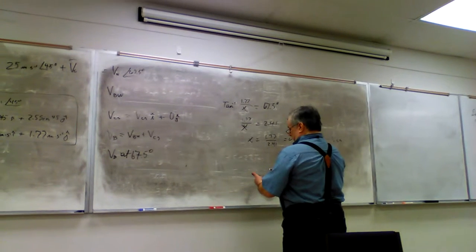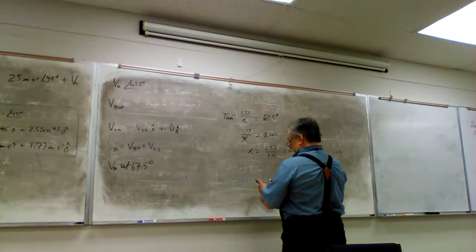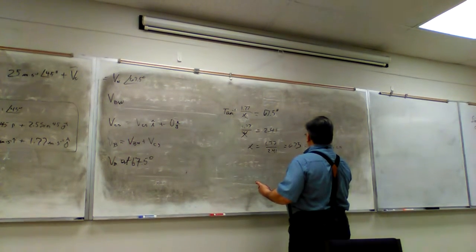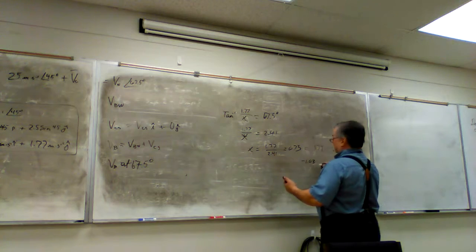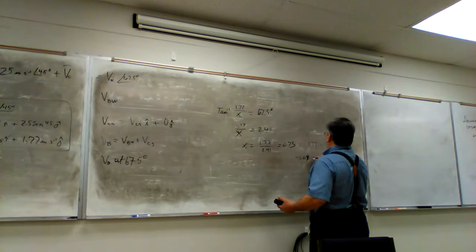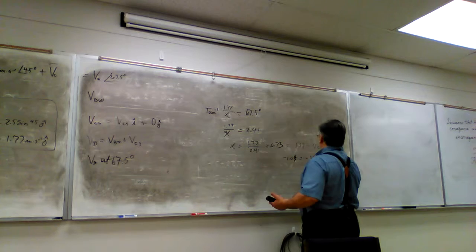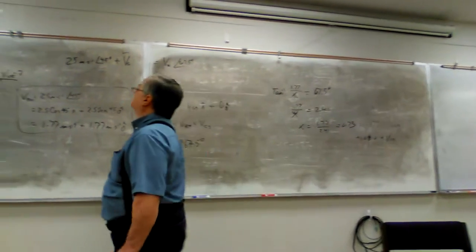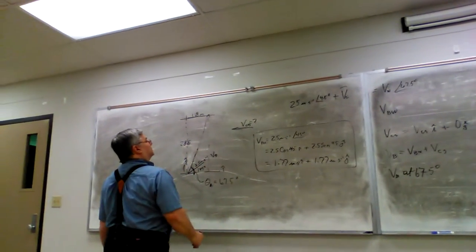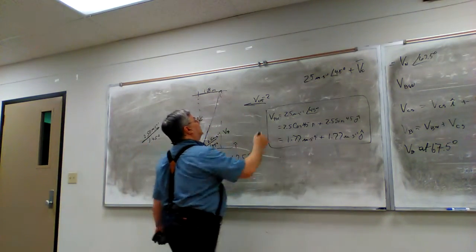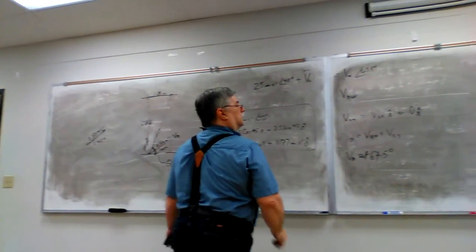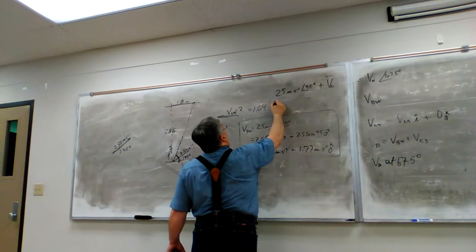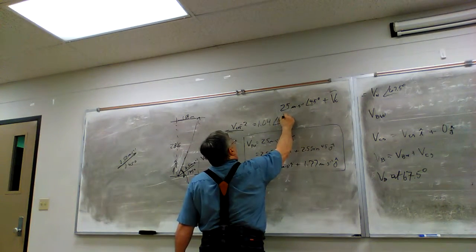So 0.73 minus 1.77, we end up with minus 1.03 or minus 1.04 equals minus the velocity of the current relative to the shore. So that would give us the velocity of the current equals 1.04 at an angle of 180 degrees.